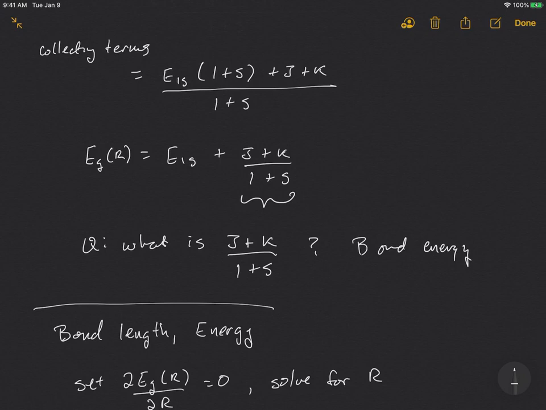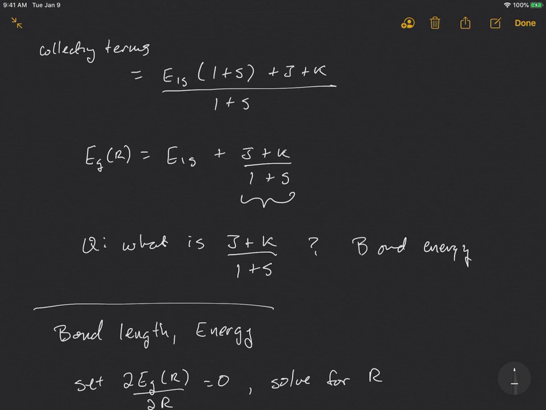Previously, we stated that our total energy is going to be the 1s energy, that's the energy at R equals infinity, plus this bond energy term. And so that's what this J plus K over 1 plus S is telling us. So that's useful. So we can calculate the total energy of the system, and we can also calculate an important piece of the energy of the system, which is the bond energy, and we have an expression for that.